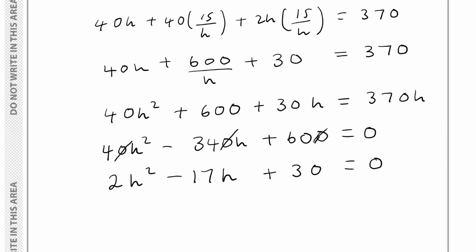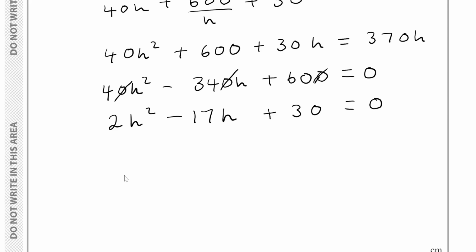I want to factorize this now. It's a non-calculator paper, so I'll do A times C. 2 30s are 60. What multiplies to make 60? A lot of things. So 1 times 60, 2 30s, 3 20s, 4 15s, 5 12s, 6 10s.